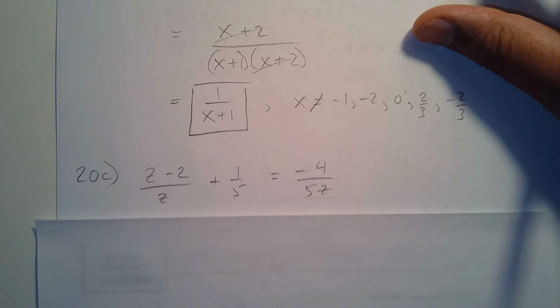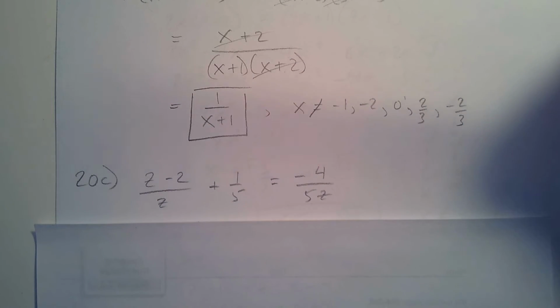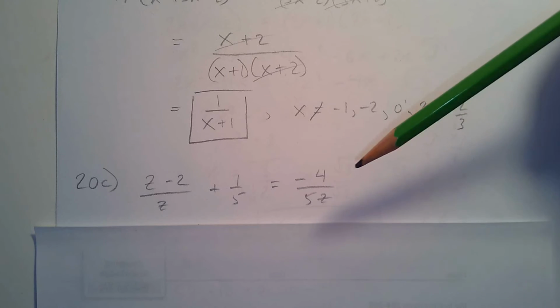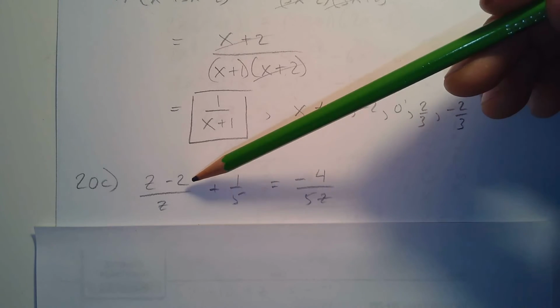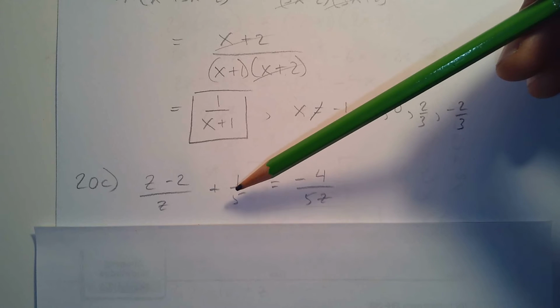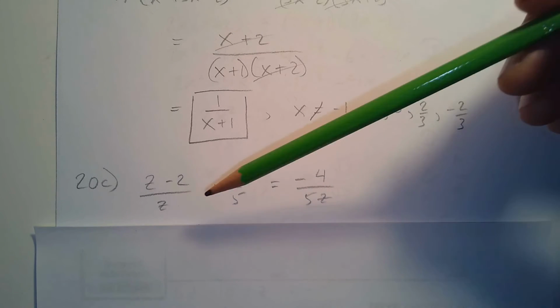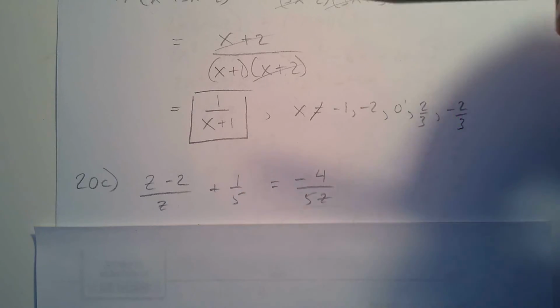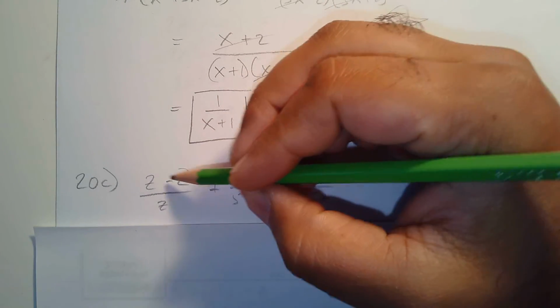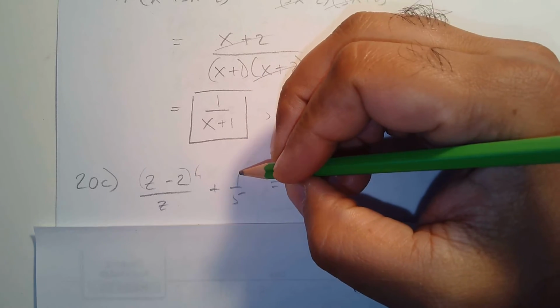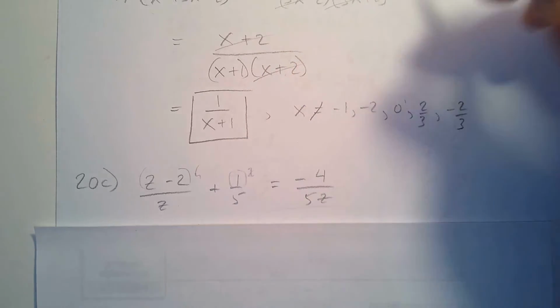Okay, this one here. So now this is a solving one, right? Because you can see the equal sign here. So what you want to do here is put these two fractions together, and in order to do that, you need a common denominator. So the denominator between z and 5 is going to be 5z. So what that means is you're going to have to multiply this one by 5, and you're going to have to multiply this one by z.